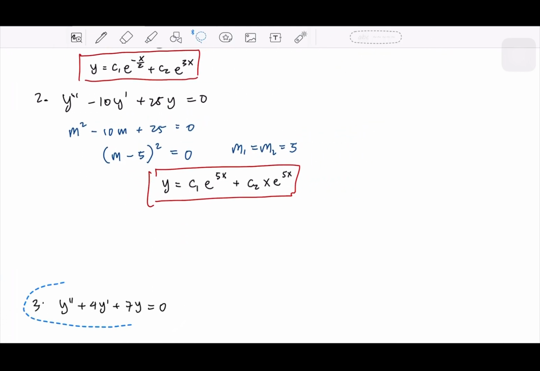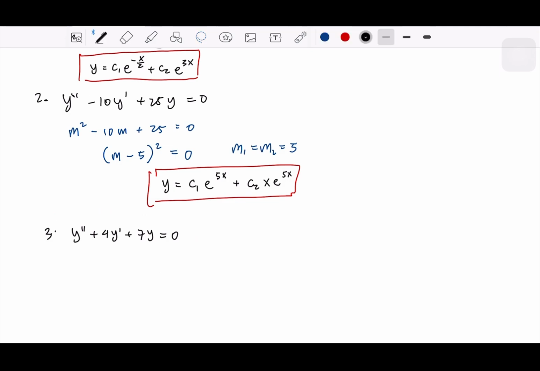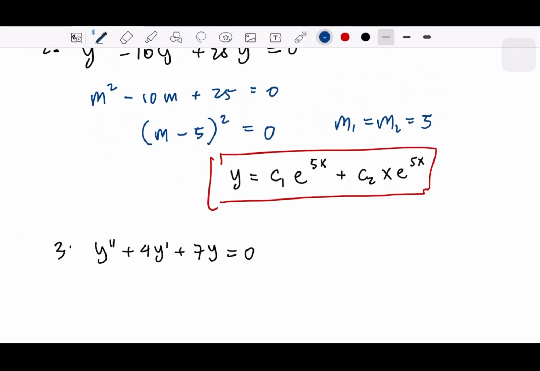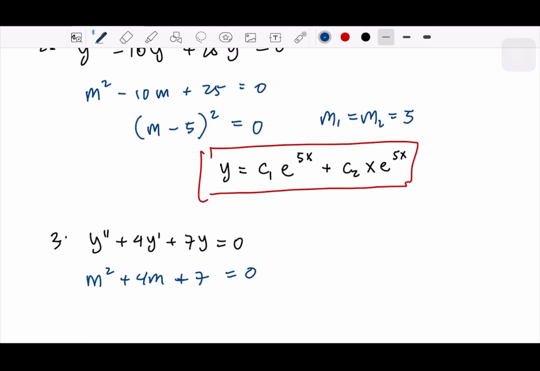Okay, the third case, this one. Now same thing, we could write this with the auxiliary equation. And notice that I already prepared that we cannot really factorize this directly. So there are two ways. You can directly use the quadratic formula, or you can complete the square to find the m1 and m2.